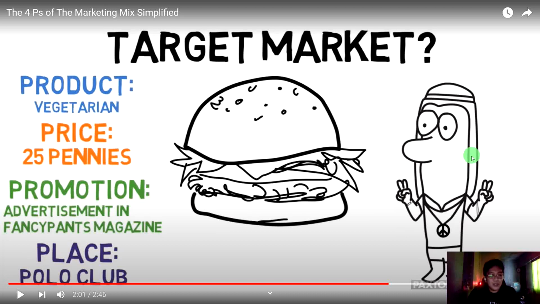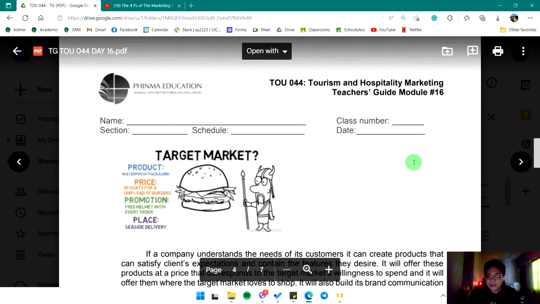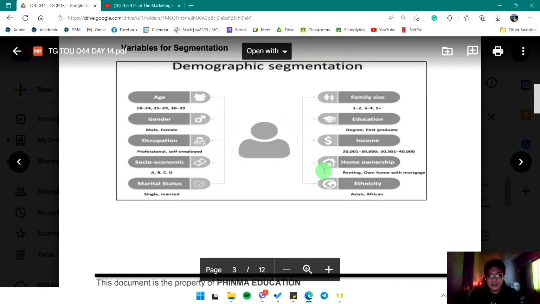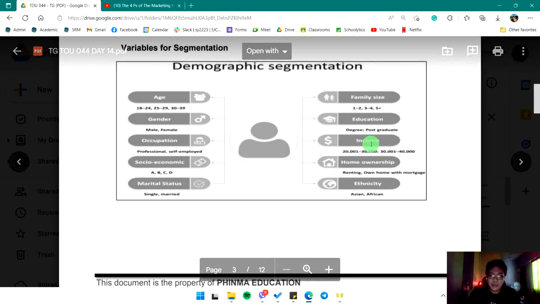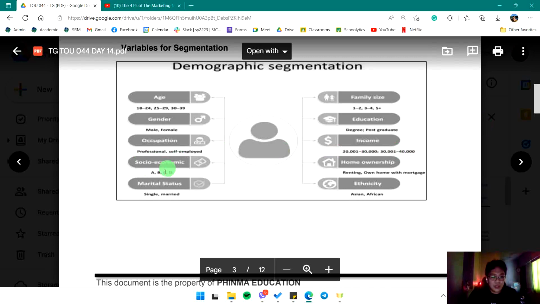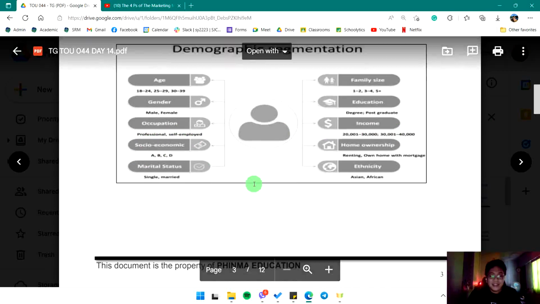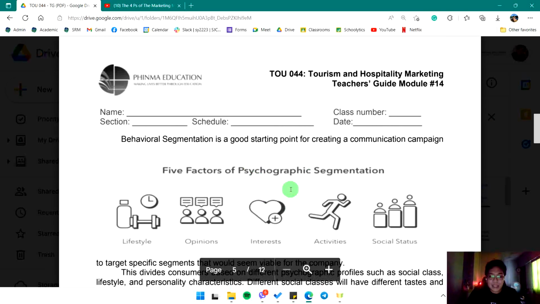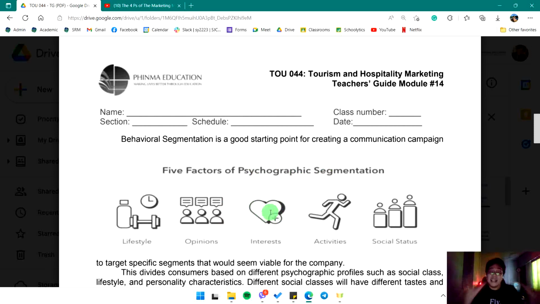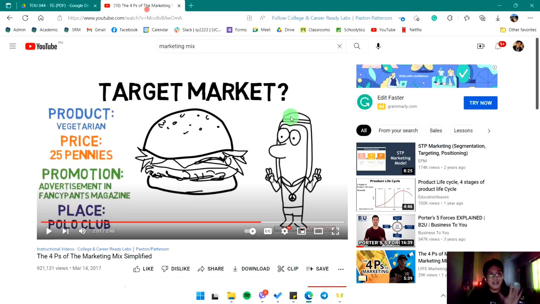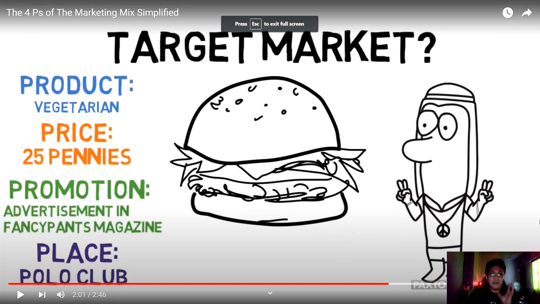He doesn't belong to the segment wherein the income is 40,000 and above. He doesn't belong to the socio-economic segment A. He doesn't belong to the psychographic segment na interest ay yung mga extravagant lifestyle. He belongs to a different segment. Kaya iba naman ngayon ang inyong ibebenta na produkto sa kanya.